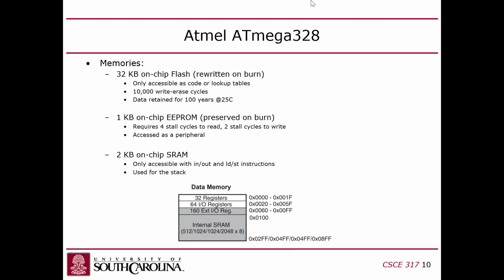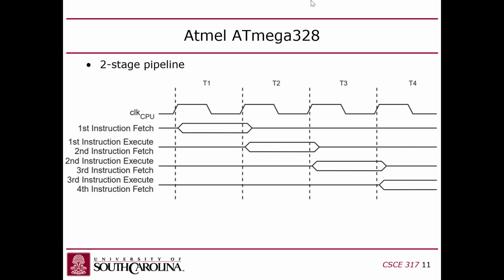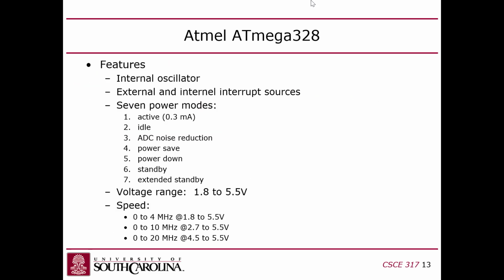Then there's 160 external extended I/O registers, and then the internal SRAM starts at address 256, which is 100 in hex, right? And it goes all the way down to 2FF. Make sense? All right. So this is, oh, that was the pipeline. I already talked about that.